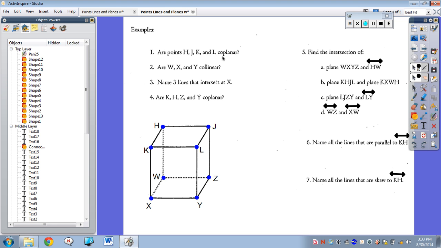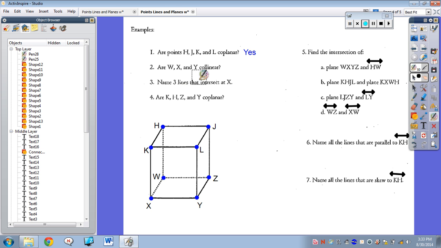The keyword here is coplanar, which means they lie on the same plane. So you've got H, J, K, and L. Those are all on the top of the cube. Since they're all on that same plane, they are definitely coplanar. So that is a yes.